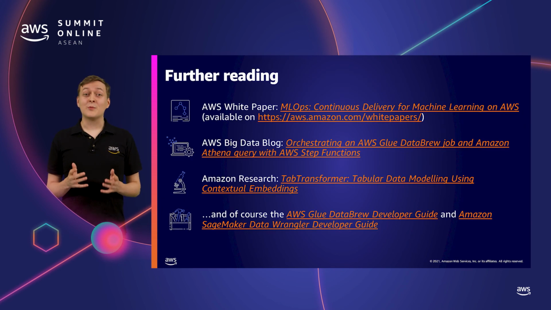If you'd like to read more around these topics, the AWS MLOps white paper discusses feature engineering in the context of the broader machine learning project management and automation. For anybody looking to dive deeper on DataBrew integration and automation, there's a recent post on the AWS Big Data blog with a step-by-step guide showing how you can orchestrate DataBrew jobs with AWS Step Functions and build data dashboards.